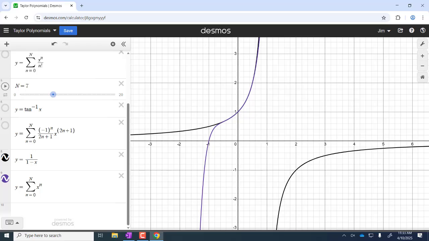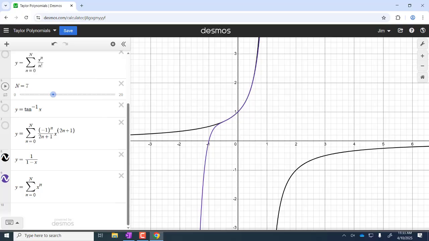But this side, it feels like, can it approximate out there beyond? And it can't. The interval of convergence will always be symmetric about the center of the series, which is very, very weird, because it feels like it should be possible to create an approximation that continues to match in this direction, but it doesn't.